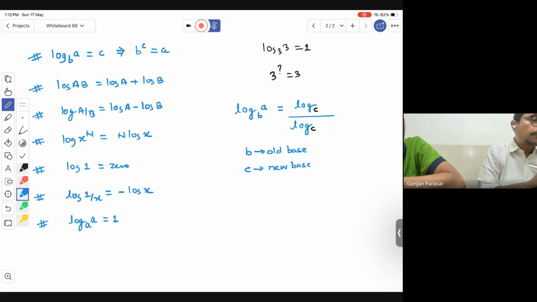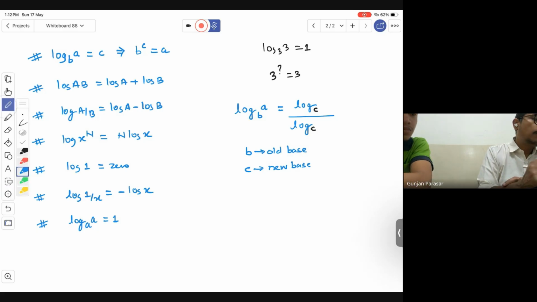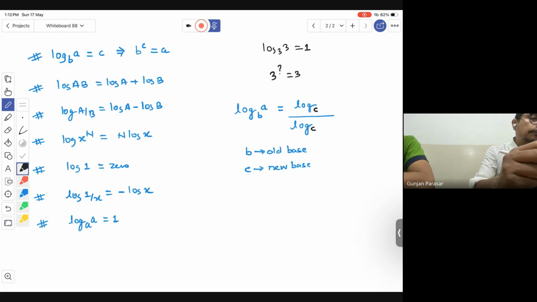Okay. Then in here, A B written, who is lying on the top? A. So A you write in the numerator and B you write in the denominator as input.